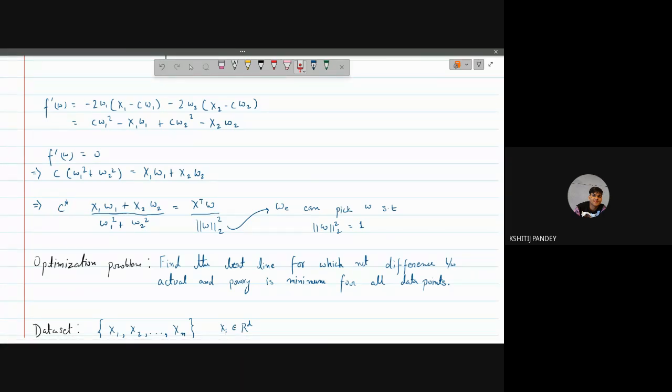It turns out to be this value, which is X transpose W divided by the norm square of W. And we have taken W such that its norm square is equal to 1. So the optimal C is nothing but the dot product of X with W. Whatever the data point is, take the dot product of the data point with the representative vector.